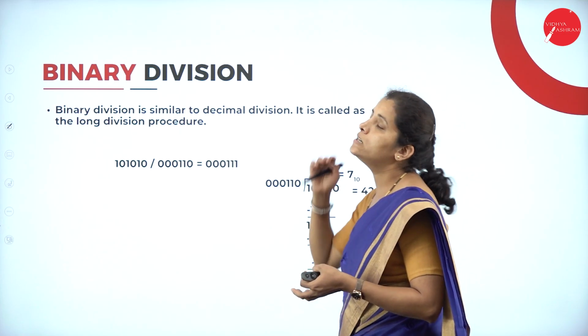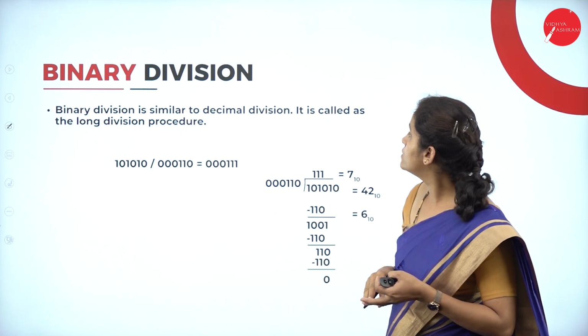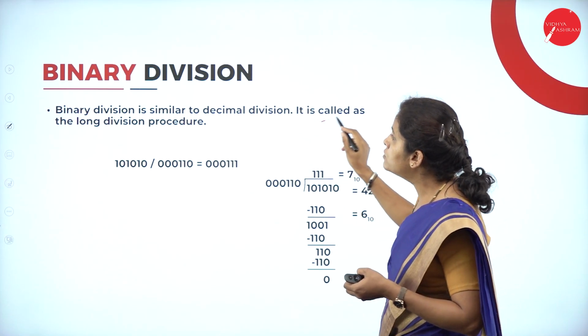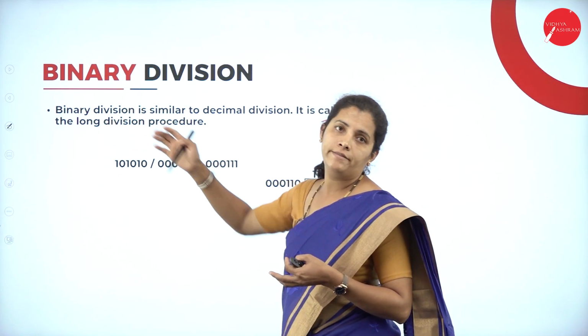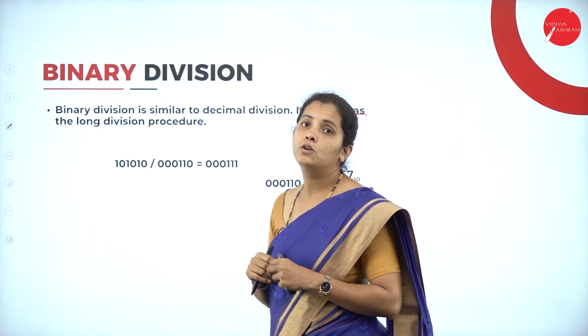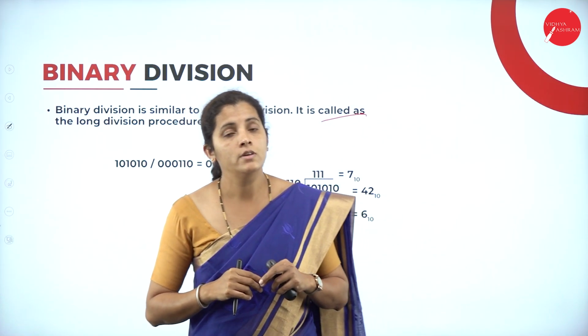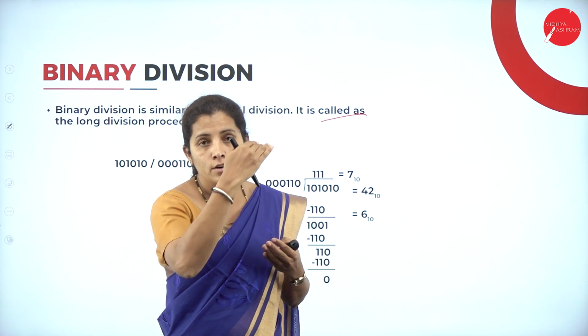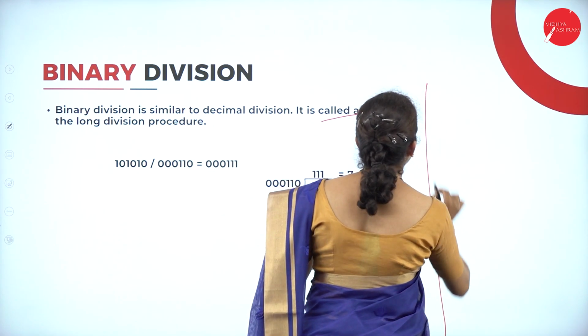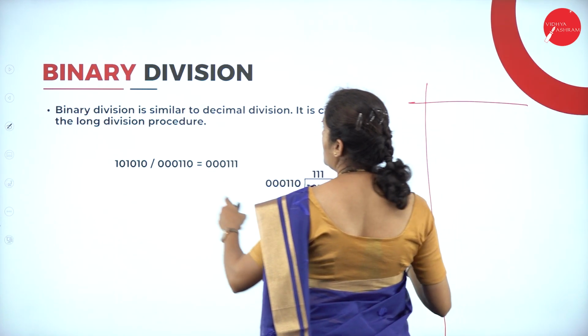Moving further, we are going to get binary division. So binary division is same as your decimal division. It is also called long division procedure. I repeat, it is also called long division procedure because it carries longer steps. So consider this example. What is the example I have?